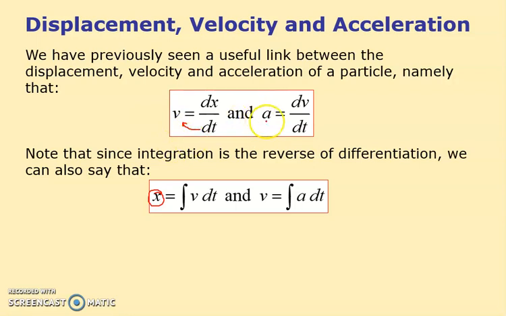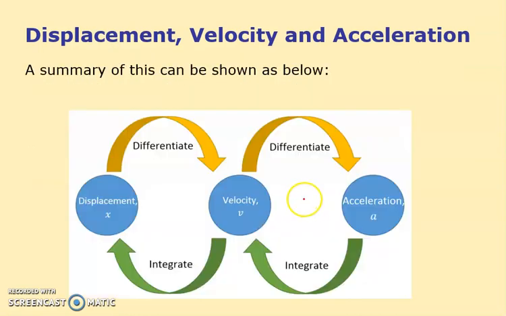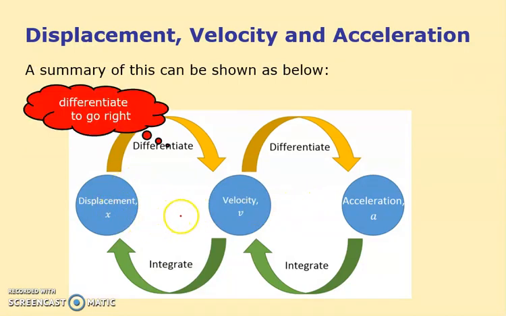Here again, I said that a is dv by dt. If I move that over, then v is the integral of a dt. Write those two things down. And you might want to draw this picture again, which we saw on the first slide. To move to the left, we differentiate x, v, a.